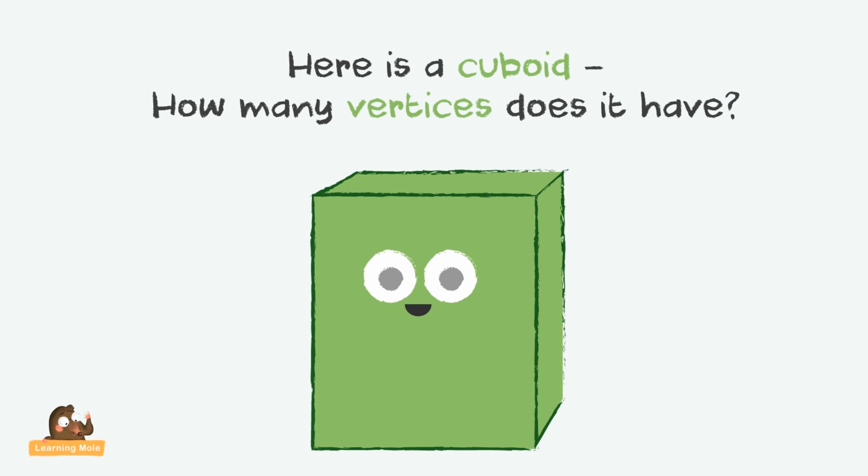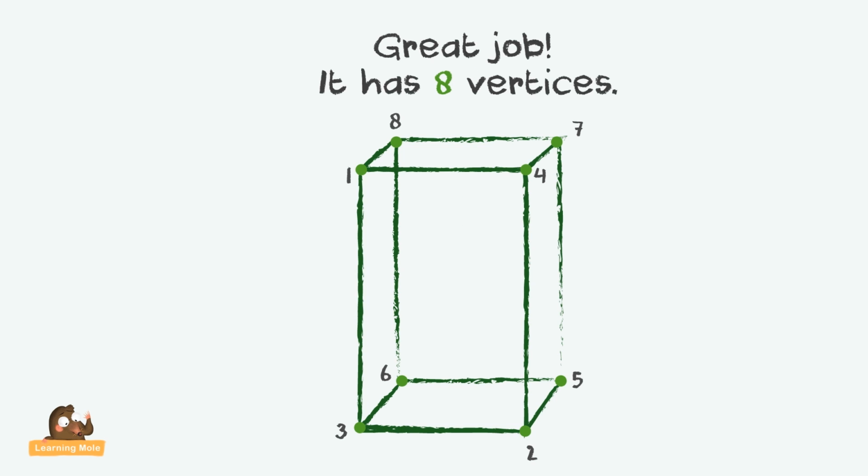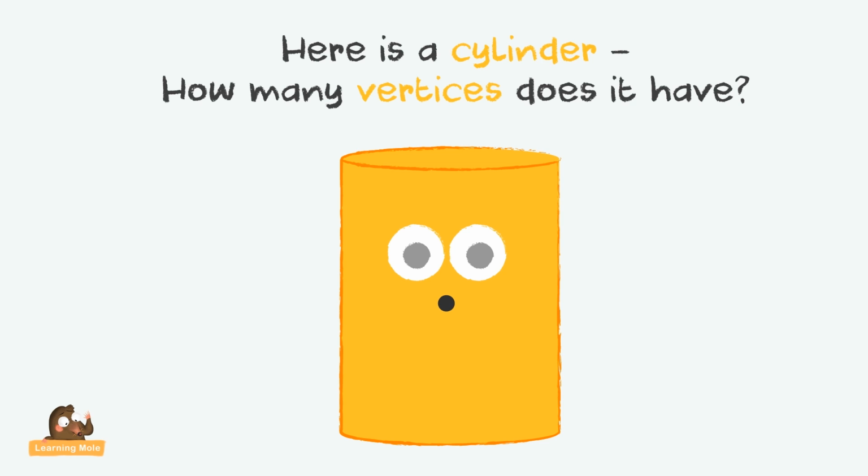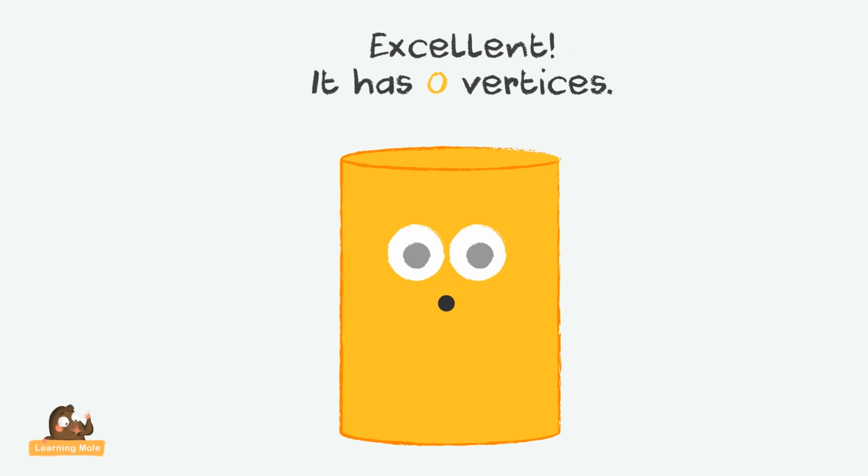Here's a cuboid. How many vertices does it have? Great job! It has 8 vertices. Here is a cylinder. How many vertices does it have? Excellent, it has 0 vertices.